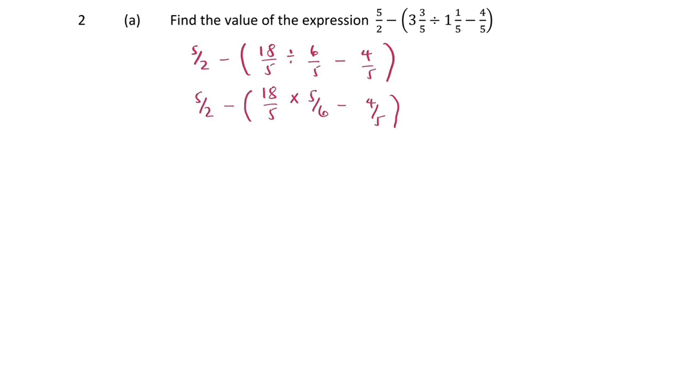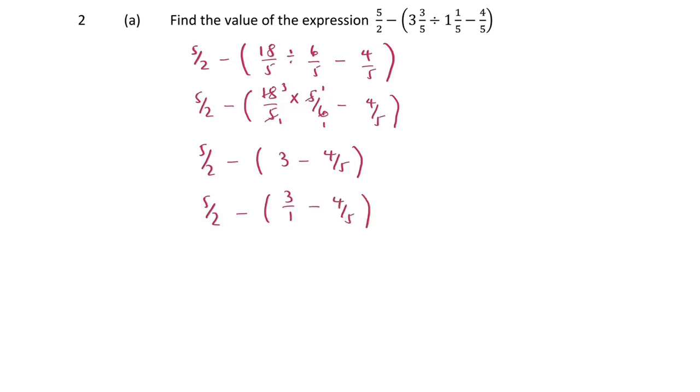Since this 5 will cancel with this 5, and 18 divided by 6 is 3, our expression is going to be 5 over 2 minus, in brackets, 3 minus 4 over 5. Okay, so this 3 can be written as 3 over 1. Then our expression is going to be 5 over 2 minus, in brackets, 3 over 1 minus 4 over 5.